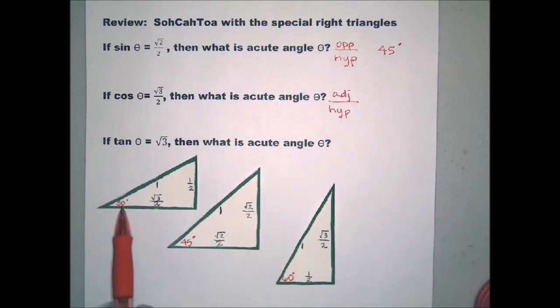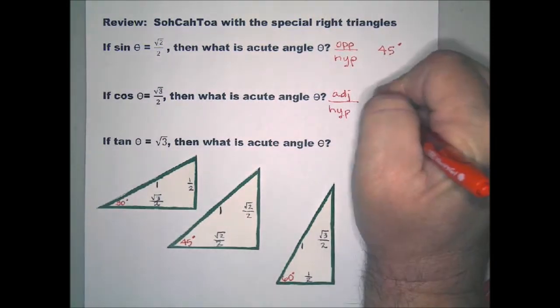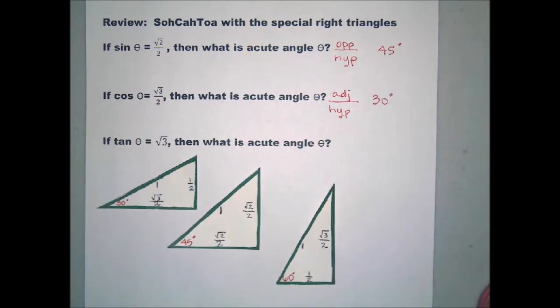And it happens to be this 30-degree reference angle right here. So the answer would be 30 degrees, because cosine would be adjacent over hypotenuse. So it would be root 3 over 2 over 1. And anything over 1 is simply itself.